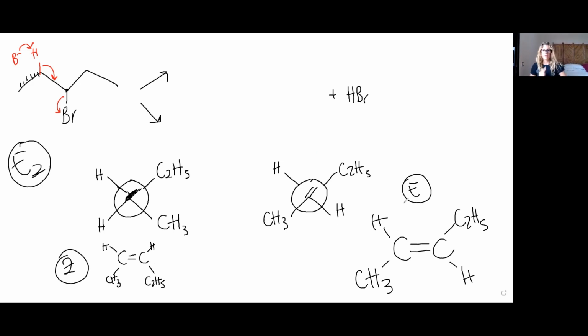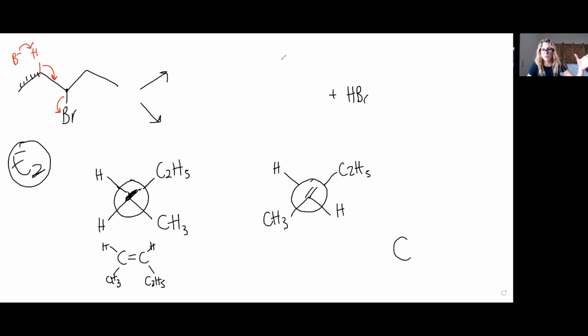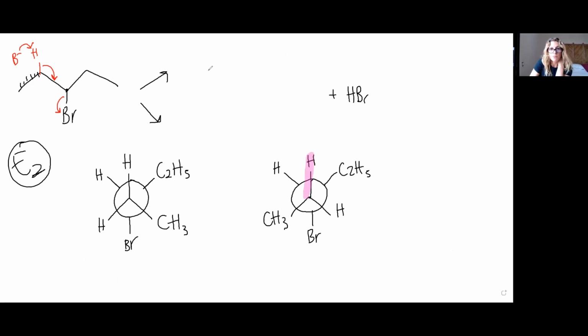And now we can go back to the Newman projection. Considering this, trying to look into the future of which one would be the E and which one would be the Z, we can think about which one would be the major and which one would be the minor. And here we just need to look at the position of the groups. Because when we have two big groups on the same side, there is going to be some steric hindrance.